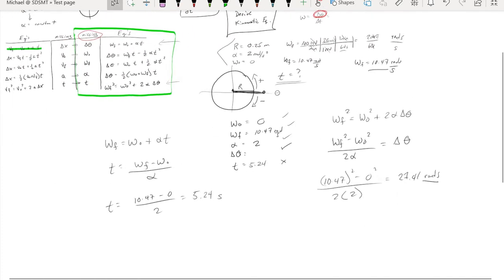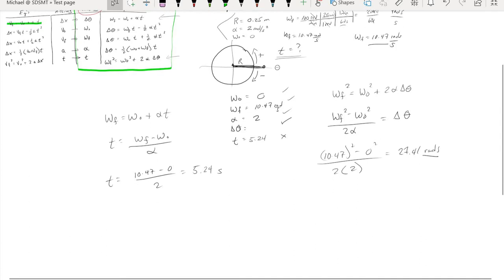Well, what does that mean for the wheel? Because if we start at one point on the circle and we go around, well, how far can we go around? We can only go around to that original starting point, and then we effectively start over.